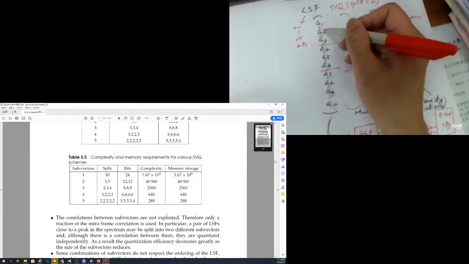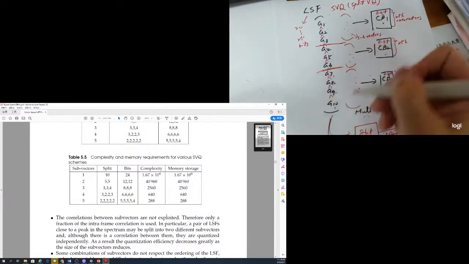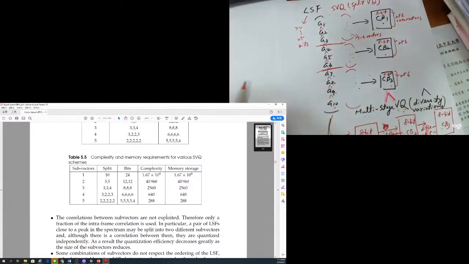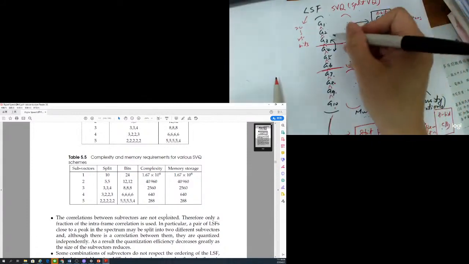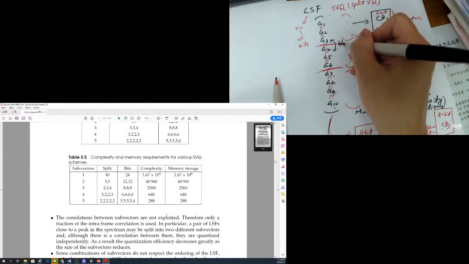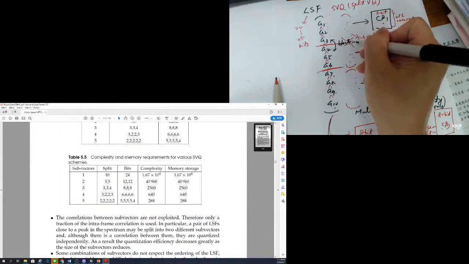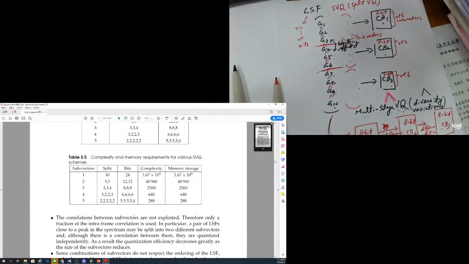So you have some correlation here. If you partition into many subvectors, the relationship between subvectors is not connected. This is what we call the blocking effect. So the correlation between subvectors is not well addressed.